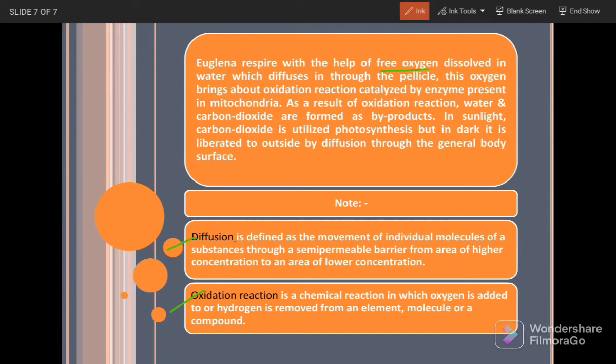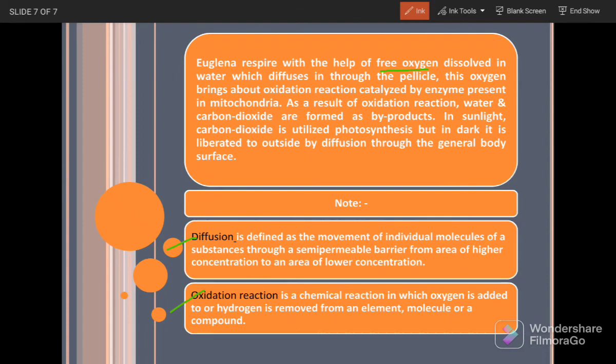If the Euglena is present in the water, the concentration inside the Euglena is lower than the concentration outside. So oxygen will diffuse from the higher concentration to the lower concentration inside the Euglena, and the main thing is, through the semi-permeable barrier.